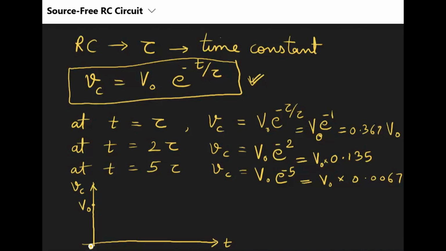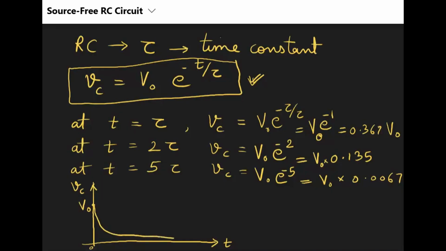Now as the equation says, the voltage across capacitor exponentially decreases. The behavior is exponential and it is decreasing. So it will decrease exponentially.